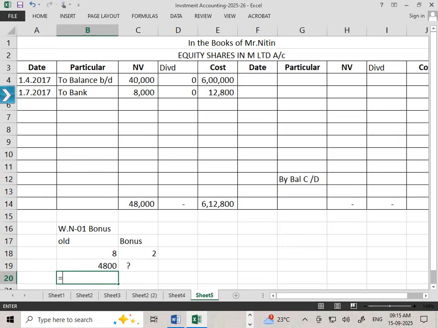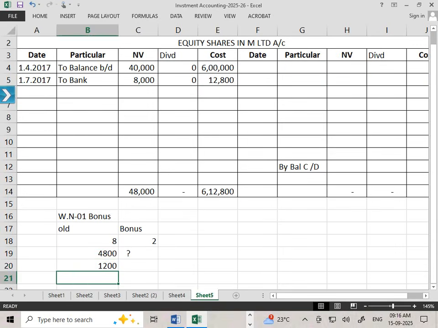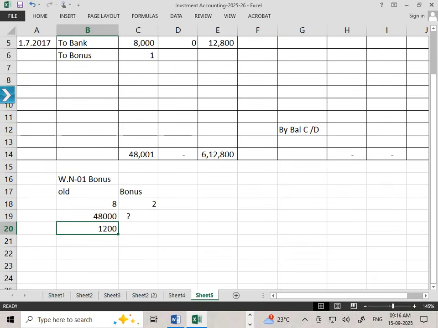Very simple: 4,800 multiplied by 2 divided by 8, so 1,200 shares. Just record here 2 bonus, and 1,200 shares.